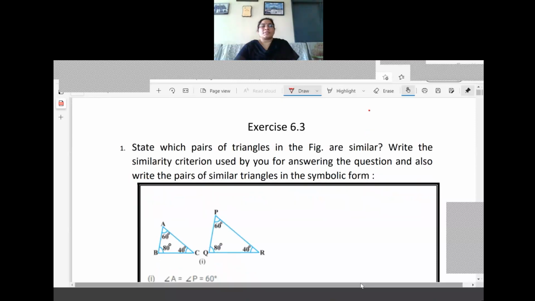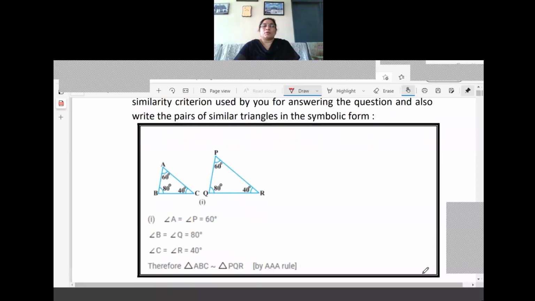In the first example, angle A equals 60, angle B is 80, angle C is 40, and angle P equals 60, angle Q equals 80, angle R equals 40 degrees. Comparing the order, angles A and P are equal to 60, B and Q equal to 80, C and R equal to 40 degrees. Then triangle ABC is similar to triangle PQR by the AAA rule.